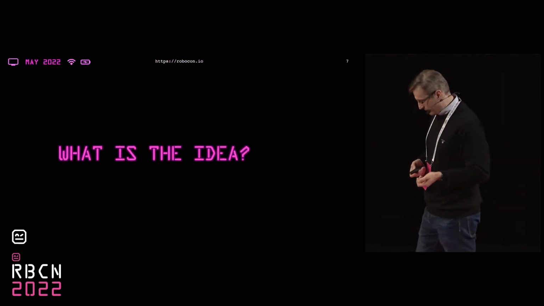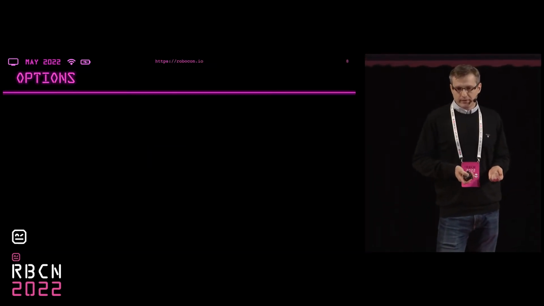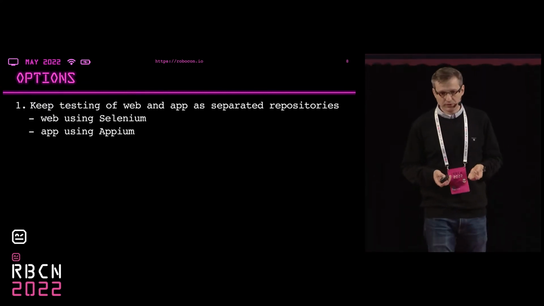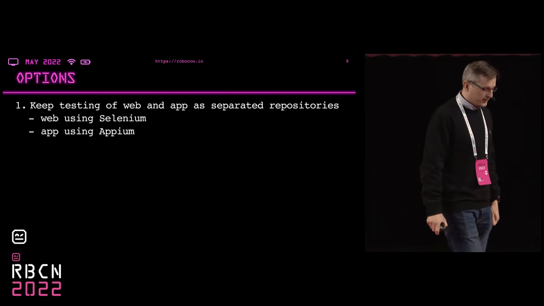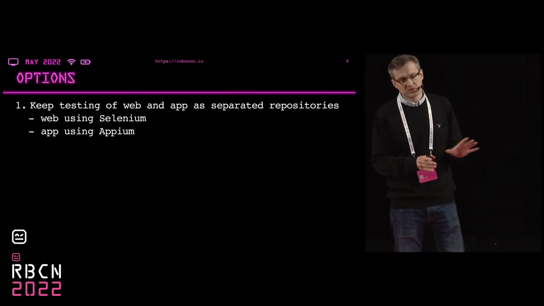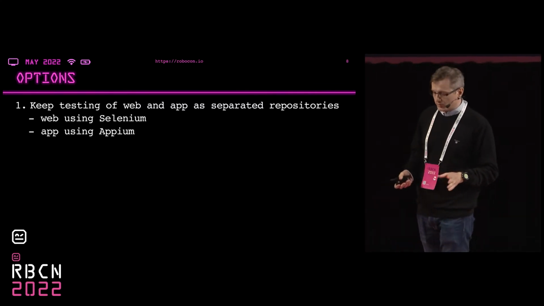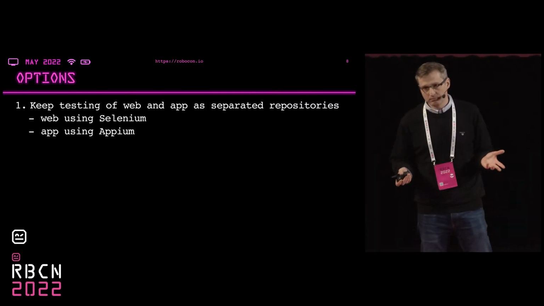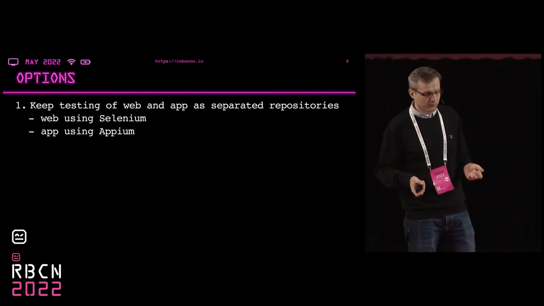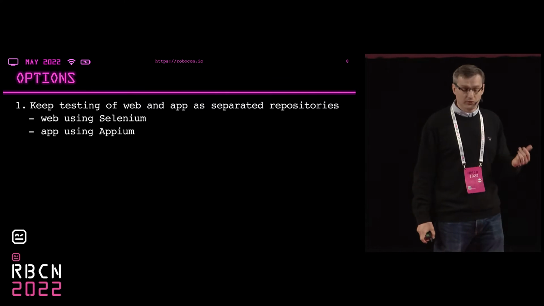So what kind of idea came to our minds? We had 3 ways of continuing test automation here. One was just to keep these 2 repositories. The web part would stay like it was, no changes there, but the app would need to be rewritten, maybe not from scratch, but all the test cases would need to be reviewed and checked, all the locators, all the elements.